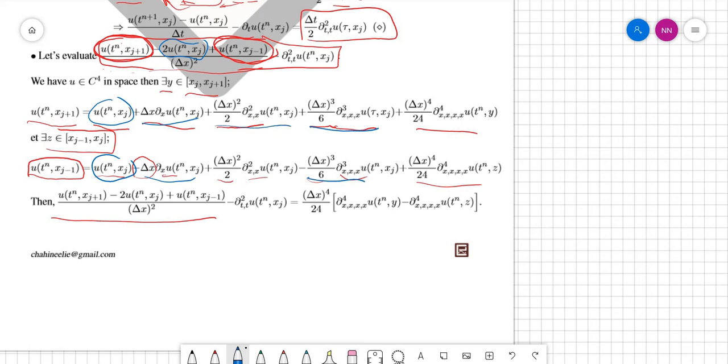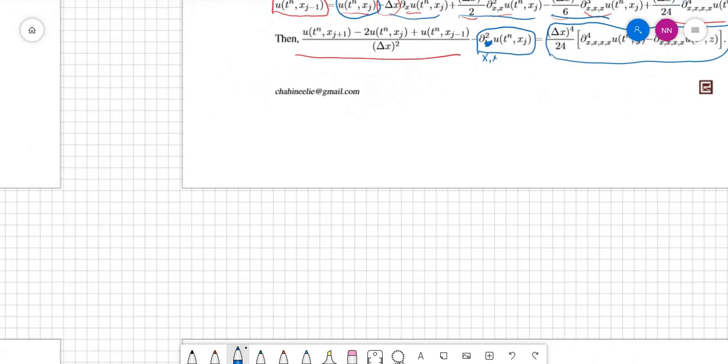And the second order term will remain, to be cancelled with the delta x x u(t_n, x_j) in here. Sorry, it's a small error here. This is not tt, this is xx. So it will be cancelled with this delta xx. And that's why we need to go to the fourth order, so we have some terms that are left. So we are left with this kind of terms.